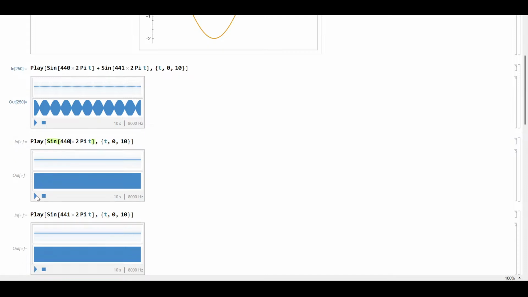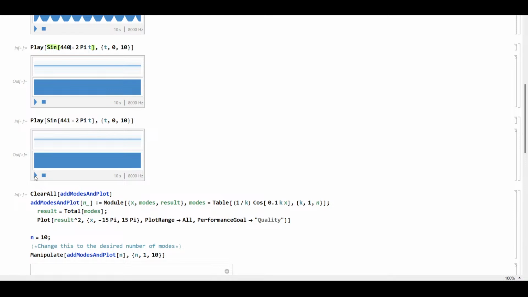And if you listen to the individual frequencies, you would hear a sustained sound. Just 440 hertz, that's a sustained sound, constant amplitude. And 441 hertz, you will not be able to distinguish between 440 and 441. The difference of 1 hertz is too small for humans to actually distinguish. You can't make out whether it is 440 or 441.